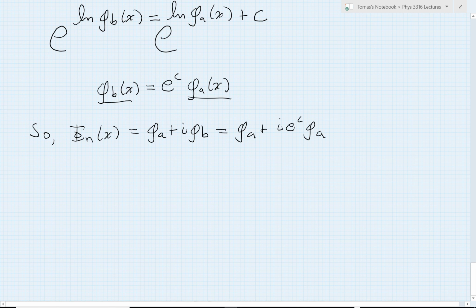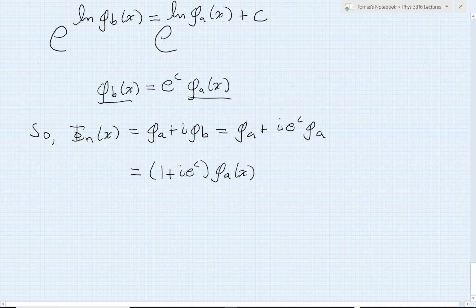And all of this then can be factored as just some complex number, which happens to be 1 plus i times e to the c, multiplying then a real function, phi a of x. I know phi a of x is real because it's just the real part of phi n of x.